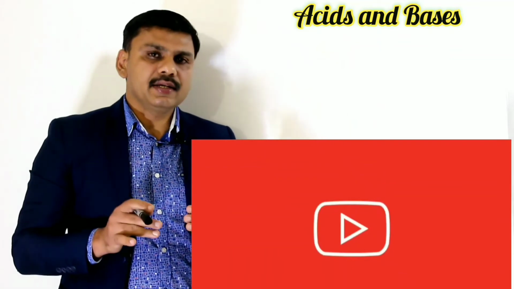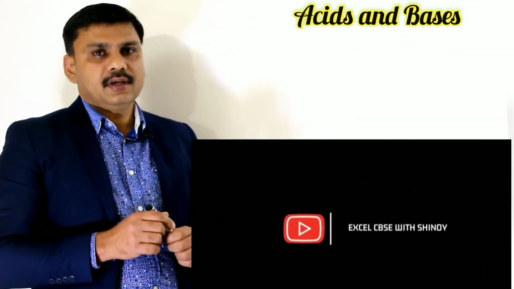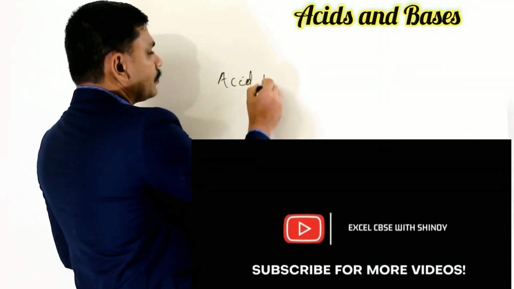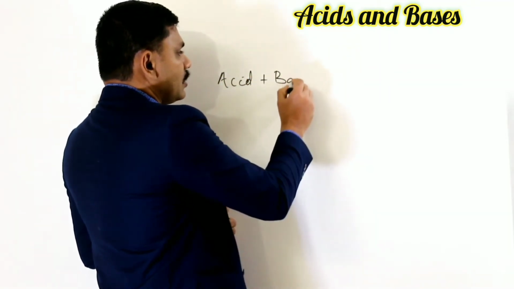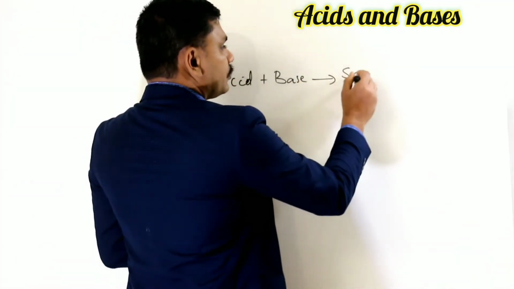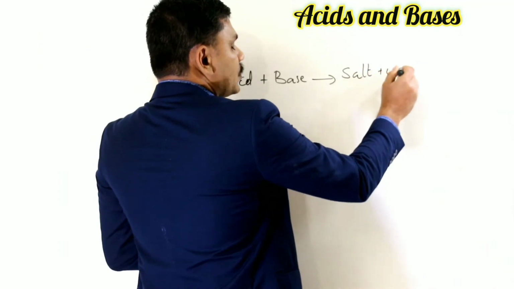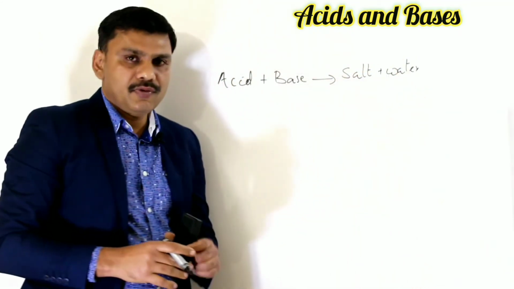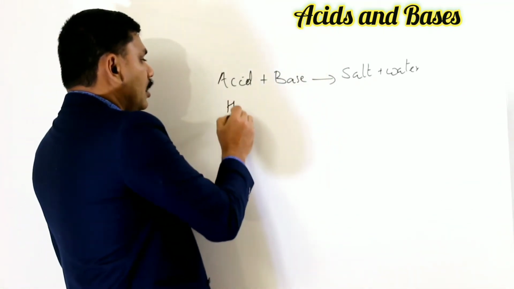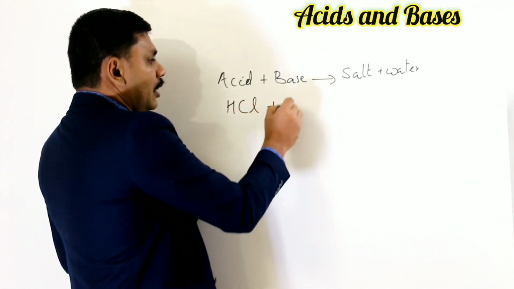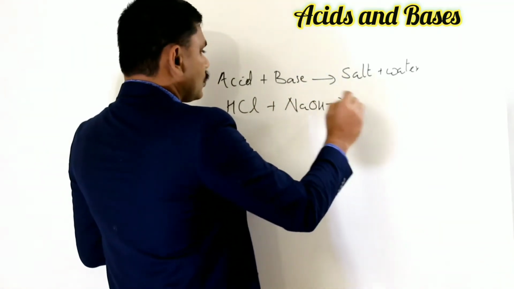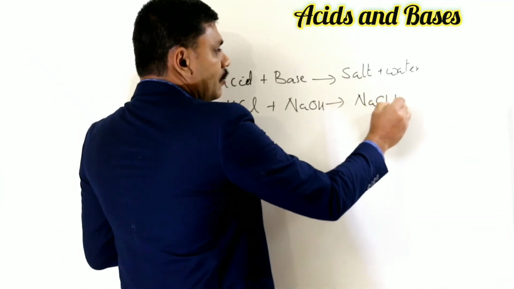Next I am explaining reactions. Generally, when an acid reacts with a base, you will get salt plus water. For example, HCl is an acid, NaOH is a base. When they react, you will get salt, NaCl, plus H2O.